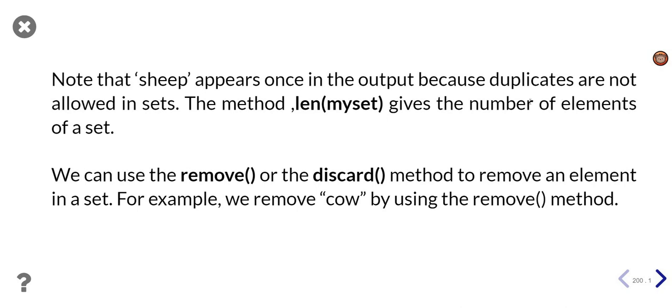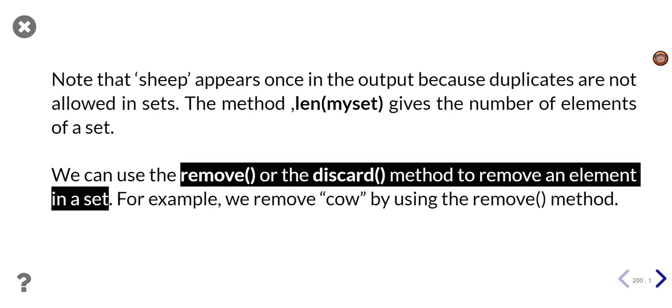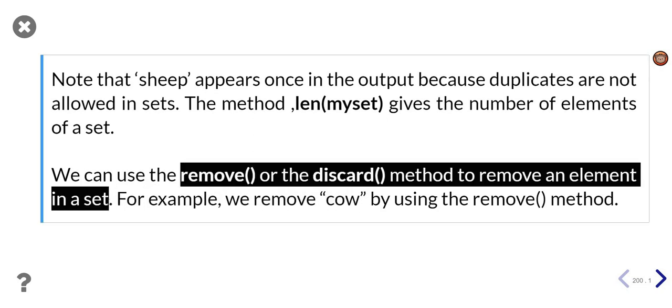The method length of mySet gives the number of elements of a set. You can actually use the remove or the discard method to remove an element in a set. Oh, so it does allow remove. Okay, forgot about that.